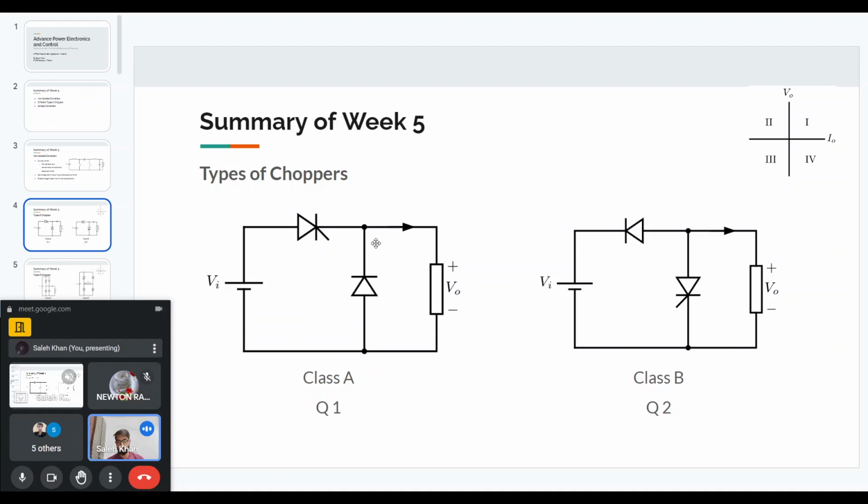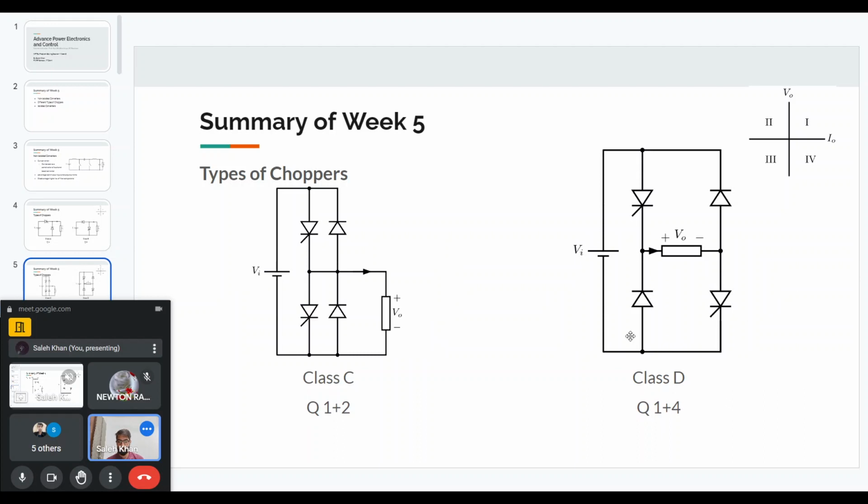If the potential at the positive terminal is more than the potential at the negative terminal, then it is a positive output voltage. If, however, the potential at the positive terminal is less than the potential at the negative terminal, then that will be a negative voltage. For example, you can see class D chopper.